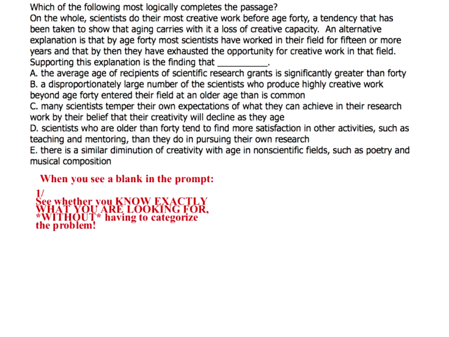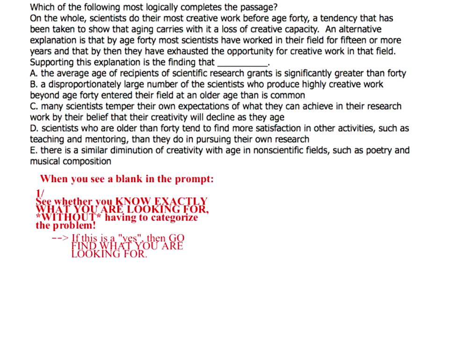So, flowchart style: is this a yes or a no? If this is a yes, then just solve the problem. Just look for the thing that you know you're looking for. If this is a yes, then go find what you want. If this is a no, then you would move on to possibly trying to categorize the problem.